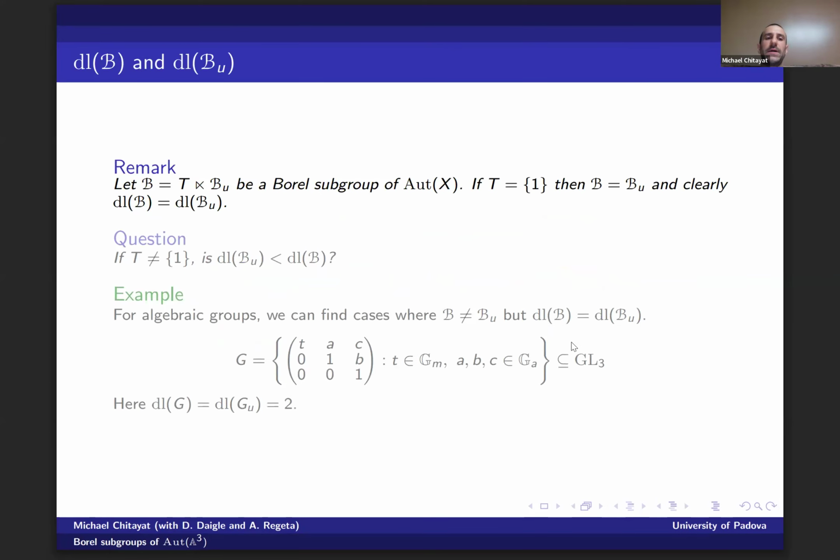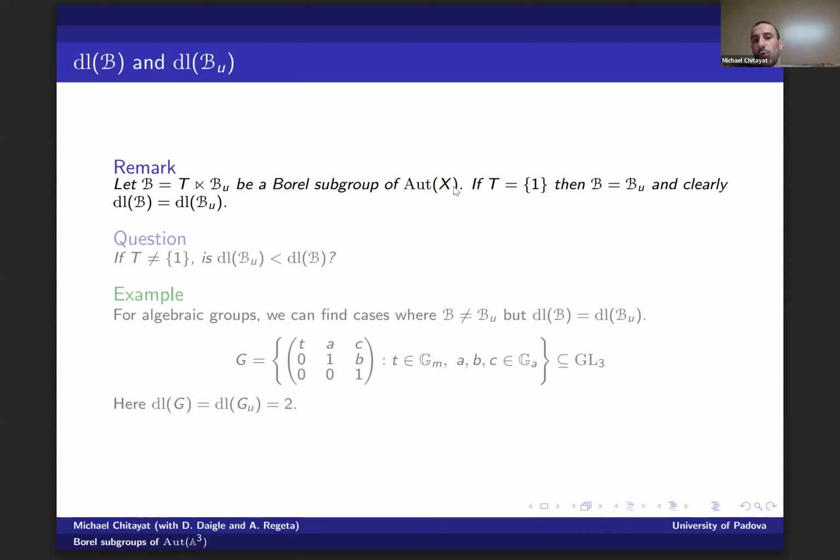So a remark. Basically, the next few slides discuss the relationship between the derived length of B and the derived length of the unipotent radical. And we saw before that the derived length of B is less than or equal to the derived length of the unipotent radical plus 1.